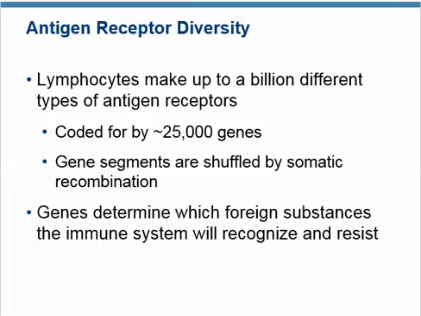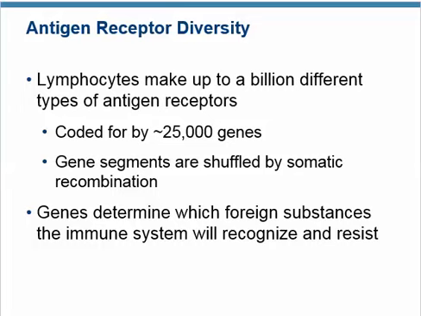Now, the antigen receptors, there's all kinds of them, right? And we have a different receptor for every possible antigen. And it's done through coding by about 25,000 genes. This is how important it is. It's about 25,000 genes, but we end up with 1 billion different types.